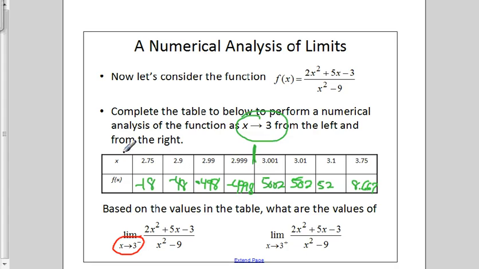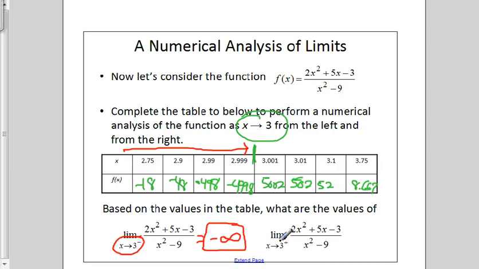So negative 18, negative 48, negative 498, negative 4,998. And again, that's only 3 decimals. I could keep adding 9s forever. And that number looks like it's growing and growing. From the left, all these values are negative, and it looks like it's going to keep getting bigger and bigger, so it's going to be negative infinity.